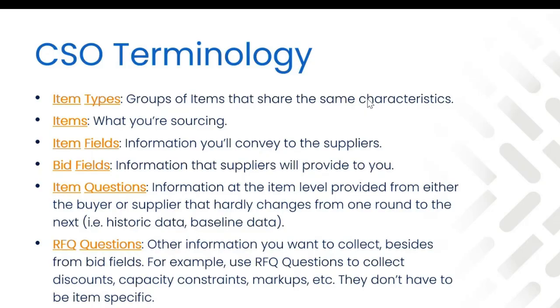And we have RFQ questions, which is information at the supplier level. This is not linked to individual items, but for example, if we want to collect discounts at a higher level, we are going to use RFQ questions. If we want to collect, for example, payment terms, we are also going to use RFQ questions.